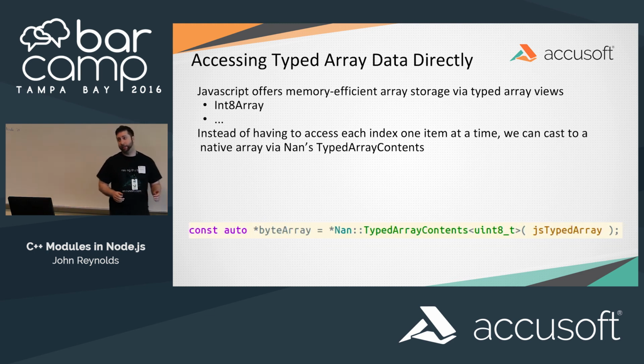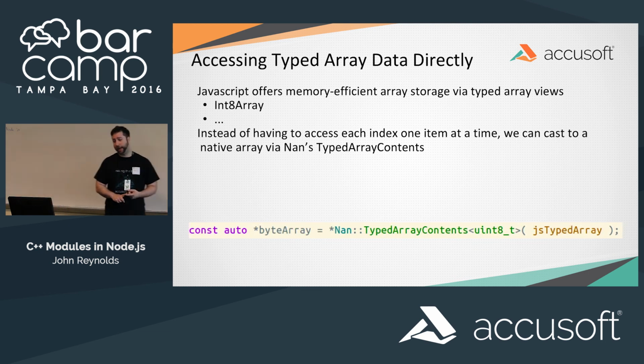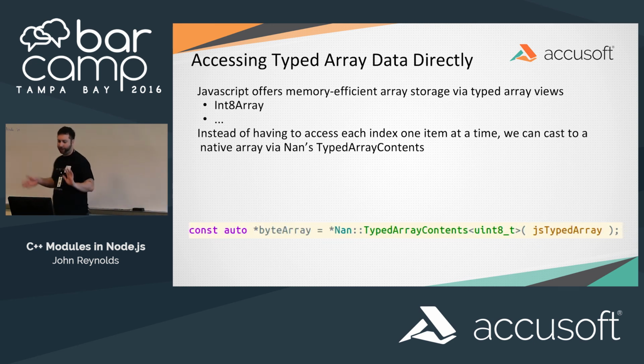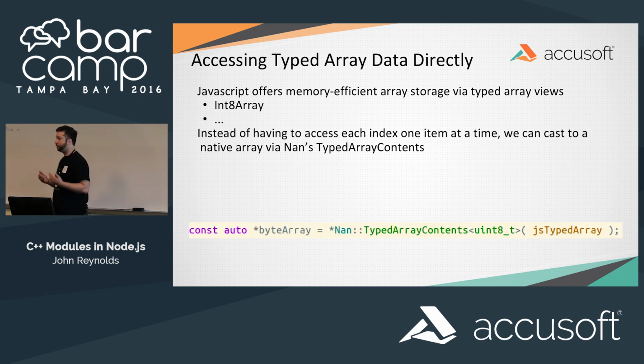But luckily, Nan provides, as of Node version 4.0, I don't believe Node pre-v4 had access to the typed arrays in that particular manner, the TypedArrayContents class. This is a way of basically getting a native pointer to that memory.